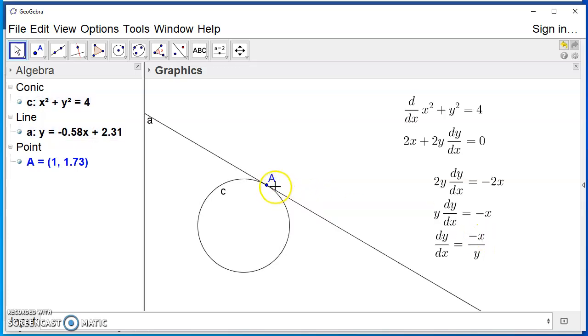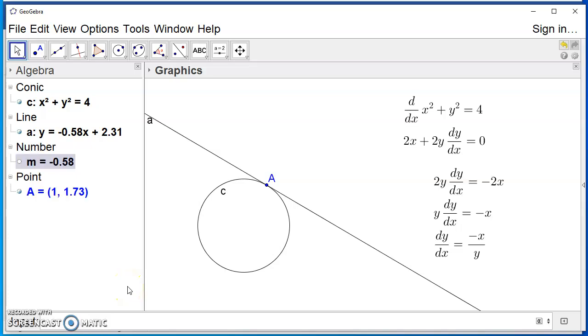Now let's go back to the point we were interested in. The point we were interested in, x was 1 and y was square root of 3. So if I take this formula and I say slope, let's make a new letter called m, we'll just call this the slope, is equal to negative 1 over the square root of 3, which is what my dy/dx equation says.